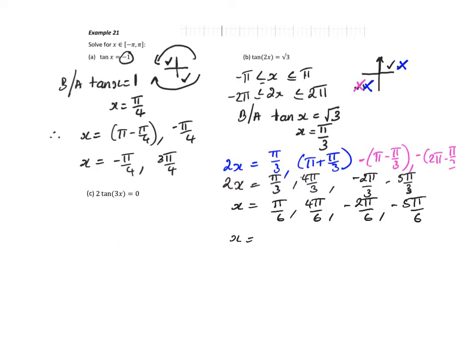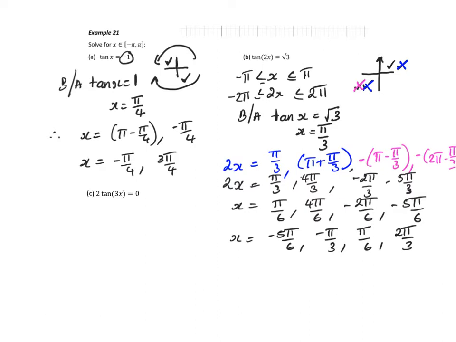So what is the smallest value there? Obviously minus 5 pi on 6. So that's my first one, followed by minus 2 pi on 6, which is minus pi on 3, followed by pi on 6, and then followed by 2 pi on 3. So they are my 4 solutions there.